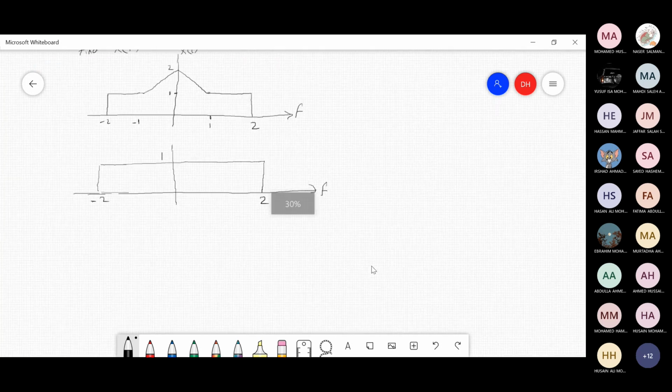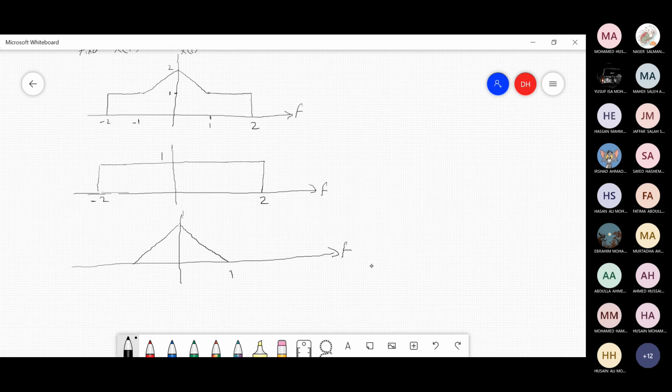And the second one is this: this is 1, this is -1, and here we have 1. So until -1 we have this, then we have this ramp.